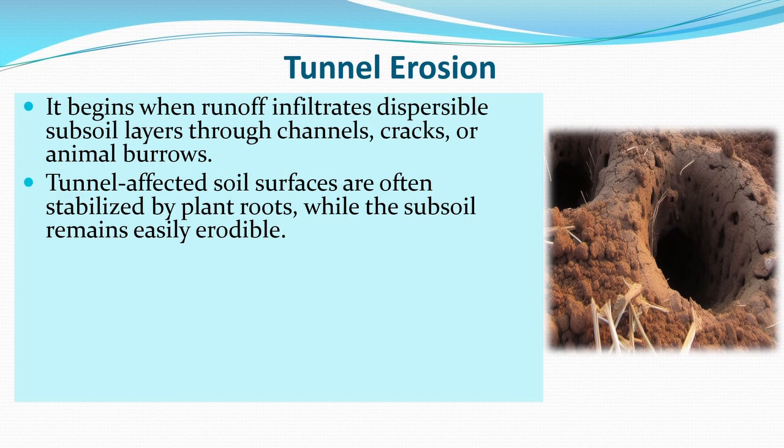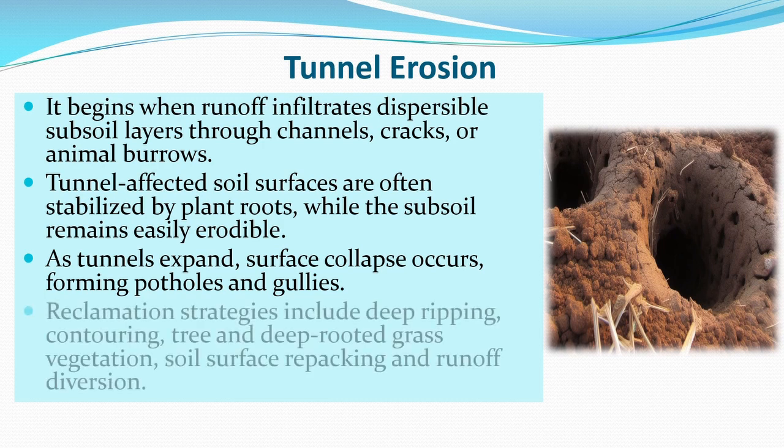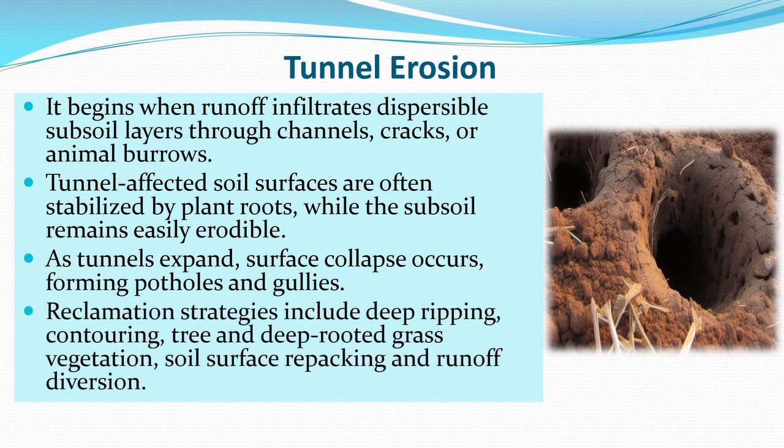As the tunnels expand, there is a chance that the surface can collapse. The surface can collapse and it will form potholes and gullies. Reclamation strategies include deep ripping, contouring, tree and deep-rooted grass vegetation, soil surface repacking, and runoff diversion.